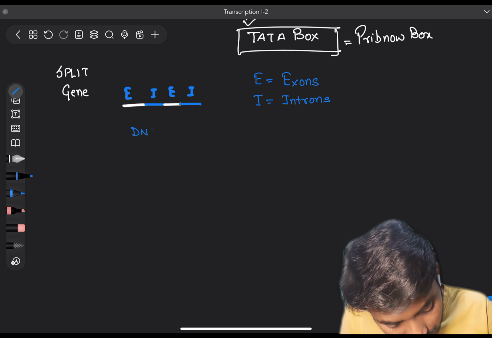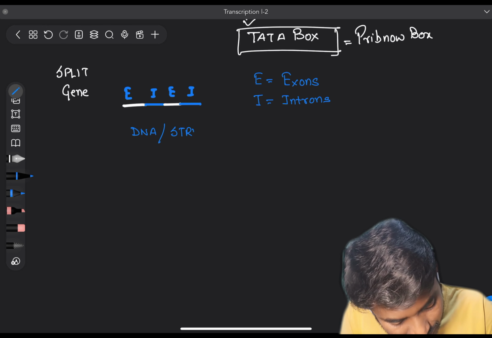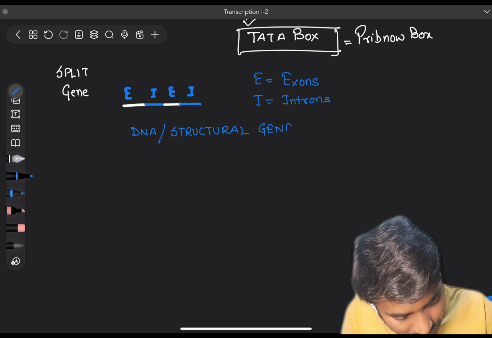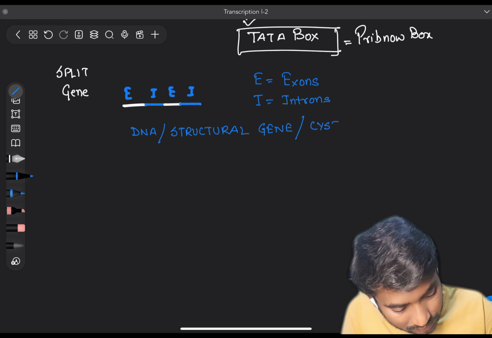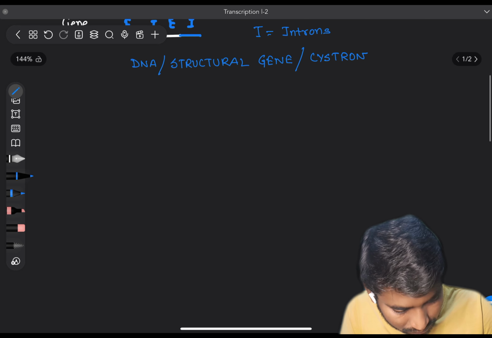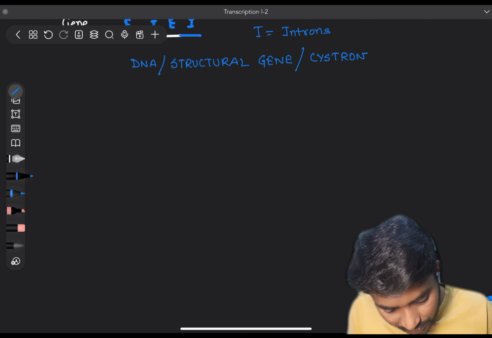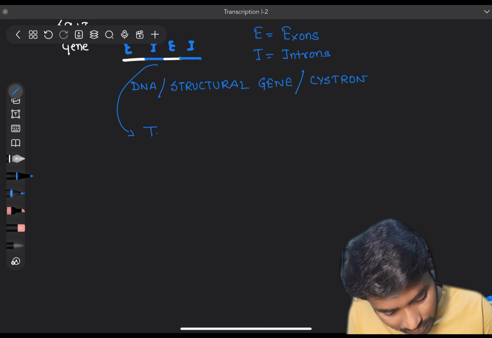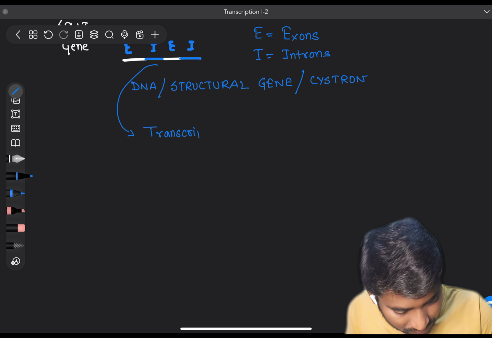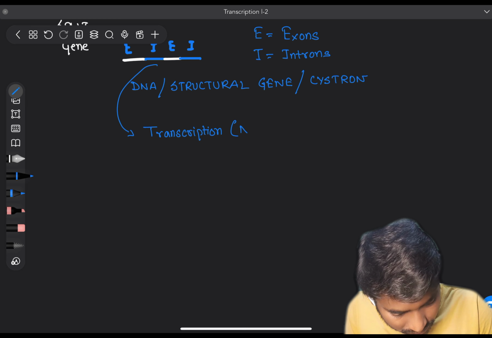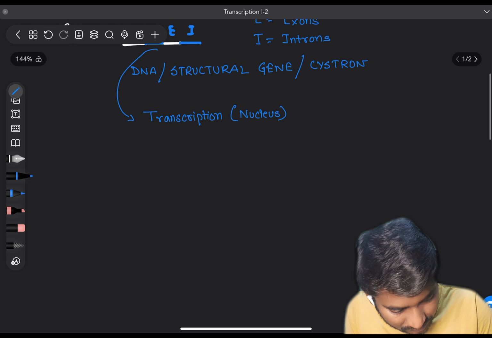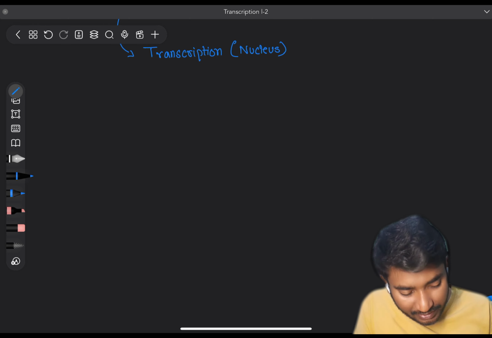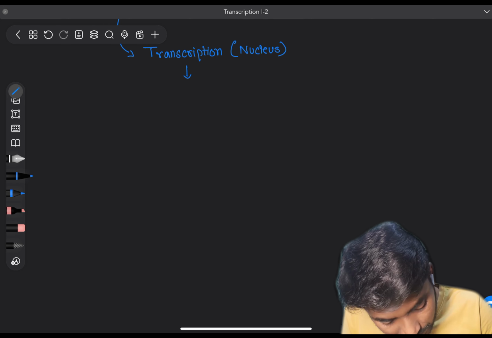Now DNA has the structural gene, or cistron. Now this is the transcription unit. The transcription unit contains the primary transcript.